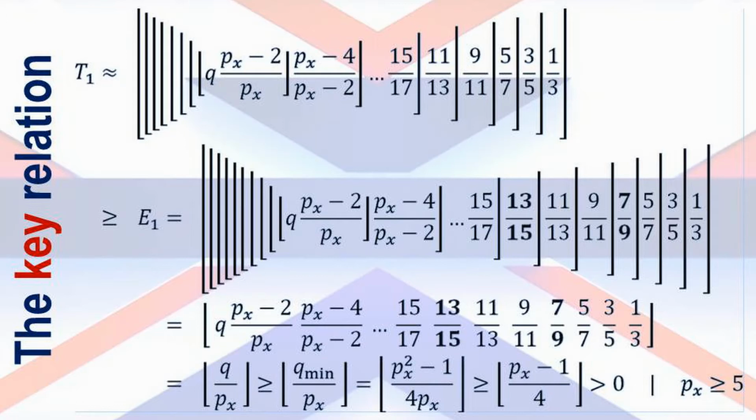And we see that that is the product of Q and a succession of fractions, proper fractions, (Pn minus 2) over Pn for diminishing values of n, starting with n equals x and going down to n equals 1.